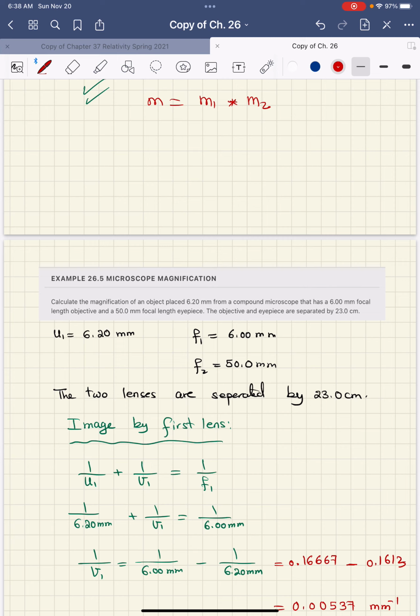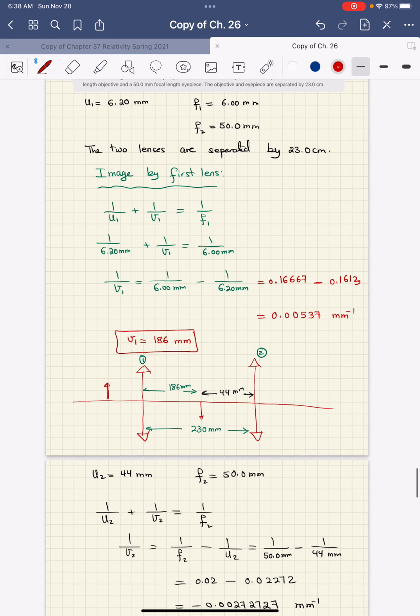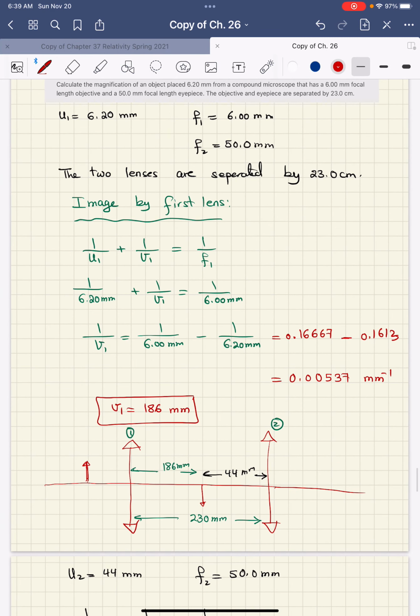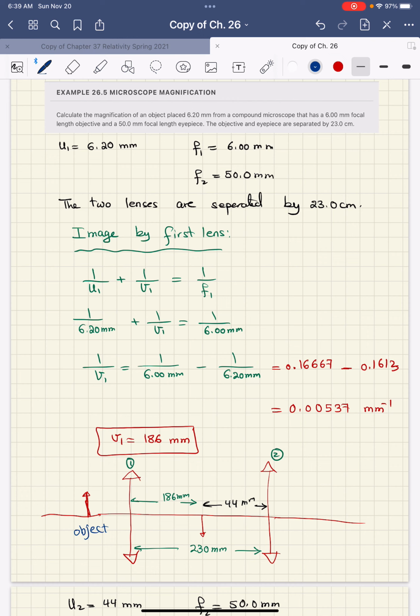The objective and eyepiece are separated by 23 centimeters. It's always good to have a diagram, and that is the diagram here. This is the first lens. This is the object, this is the first lens, and this is the second lens. We know that the distance between the two lenses is 23.